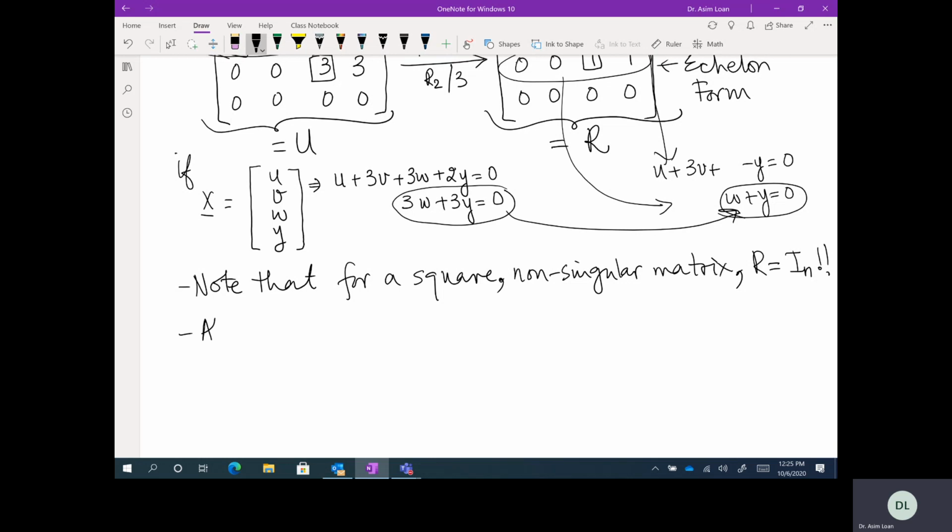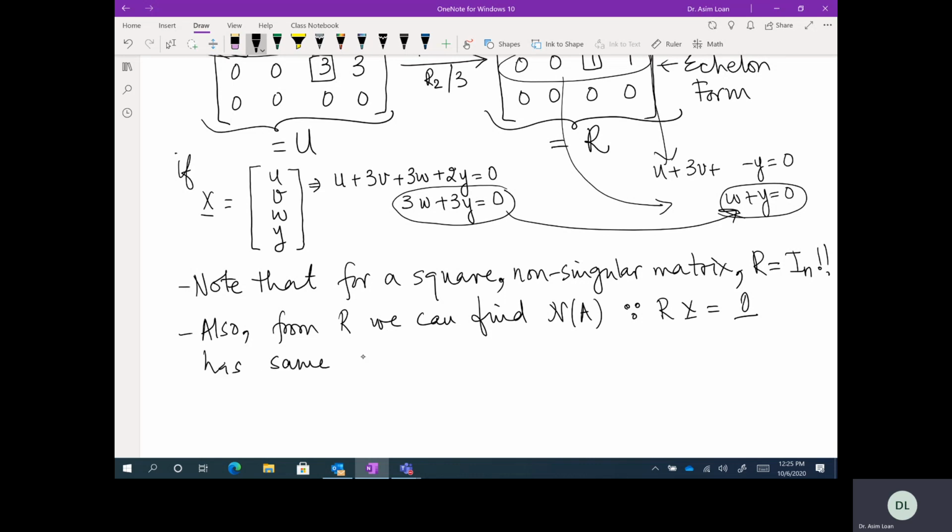Also from R, and we are going to do this right now, we can find the null space of A, because Rx equals 0 has the same solution as Ux equals 0 and Ax equals 0.